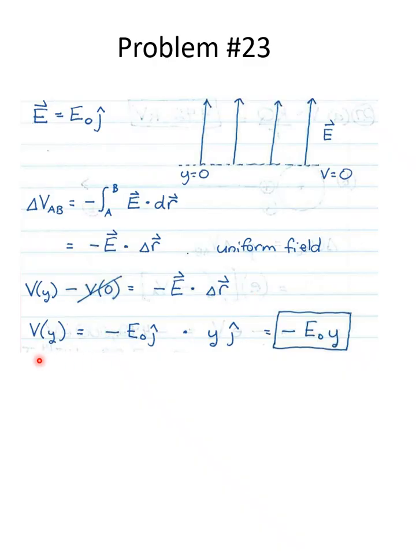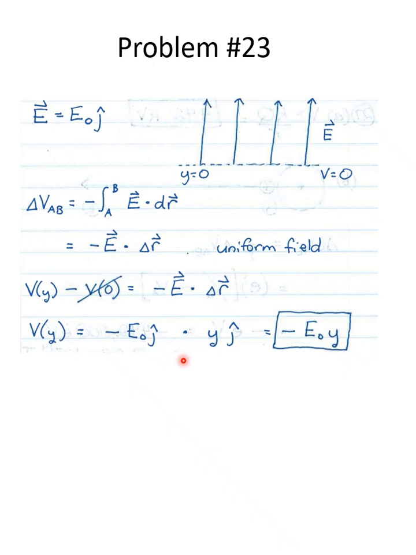And then we can say that the V, the electric potential at Y, is equal to, and we have the dot product, and here I've gotten into what is that dot product. Well, breaking it down, the E vector is negative E naught times J hat, which I've shown at the top there.